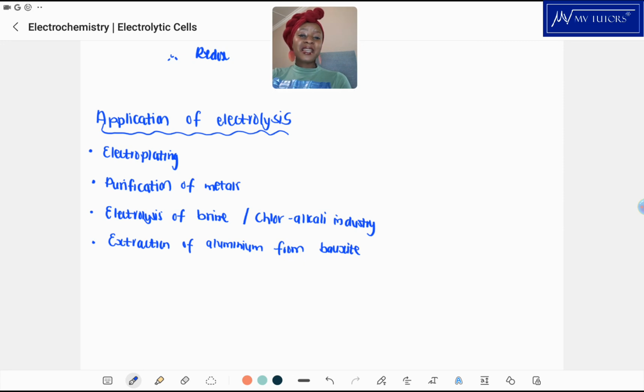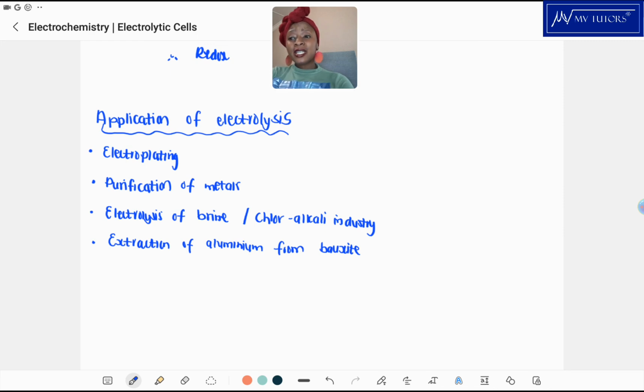The other metals found in that impure rock will settle to the bottom, and you'll probably have other valuable metals that will also be purified in another process. But that's basically purification of metals.